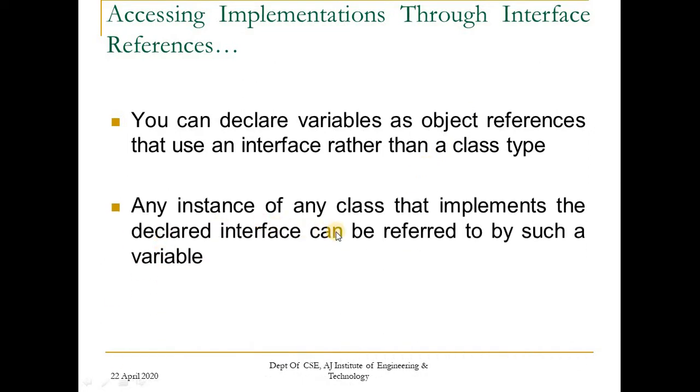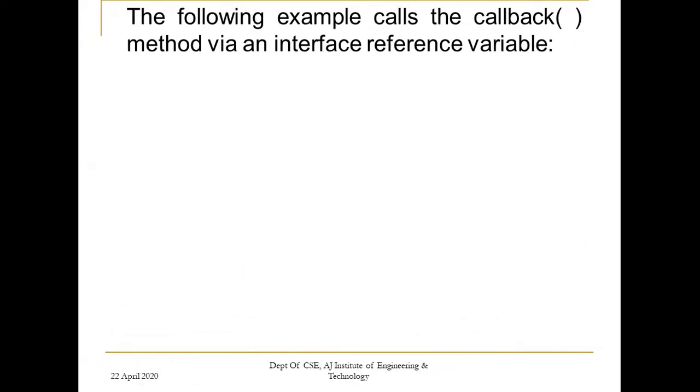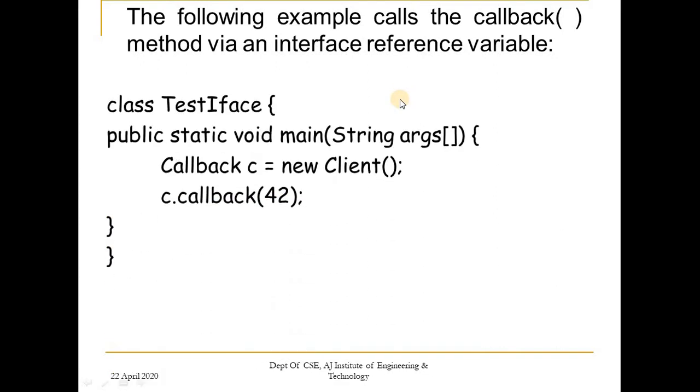Any instance of any class that implements the declared interface can be referred to by such a variable. So, the following example calls the callback method through an interface reference variable. Let us see how this example works.